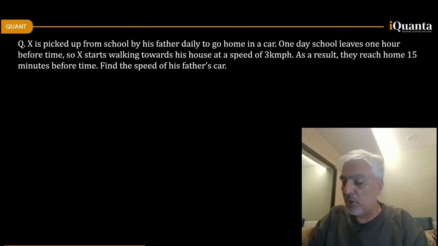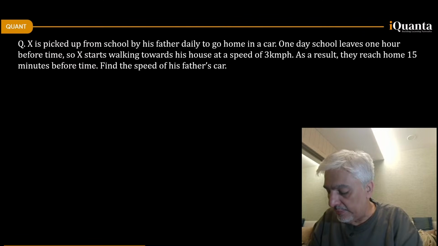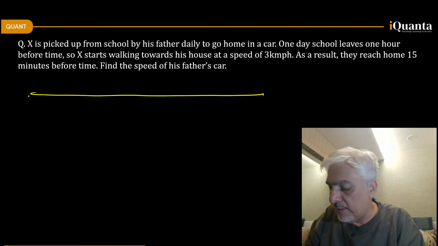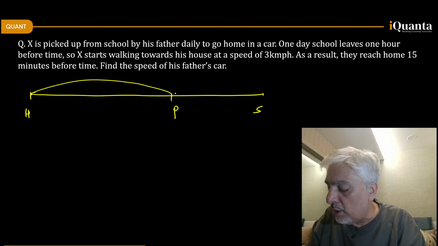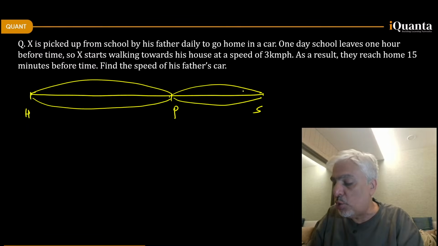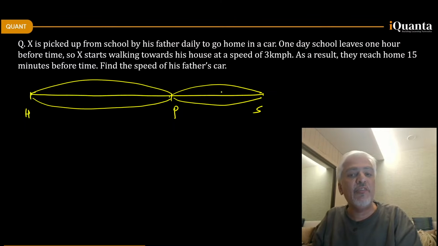Oh, sorry, by mistake I erased the whole thing and there's no way to get it back. Home, school, point P. Normally the father goes from here till school and comes back. Today he went only here, because of which he saved 15 minutes. So he didn't go this distance 2 times, because of which he saved 15 minutes.